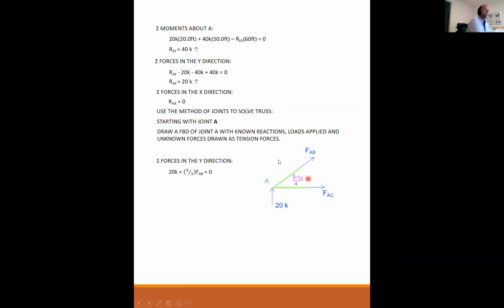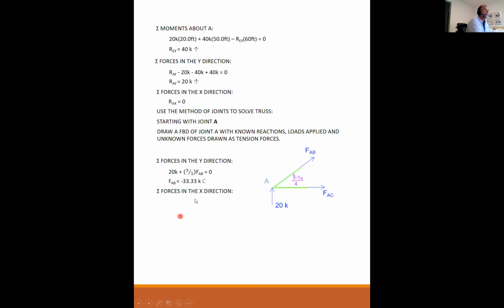I have 3/5 of FAB up, and that's all I got. So that equals 0. So FAB is minus 33.33 kips, in compression. It's negative, so that means my assumption that it was pulling away is incorrect. It's actually pushing down, and that tells me it's in compression.